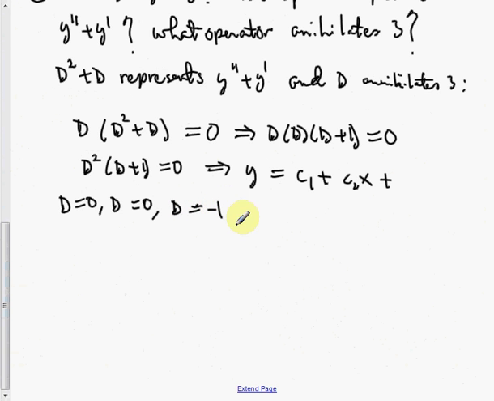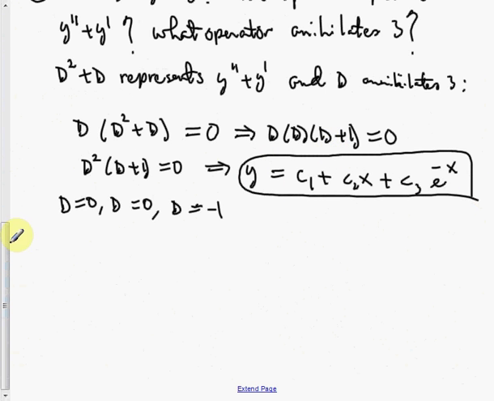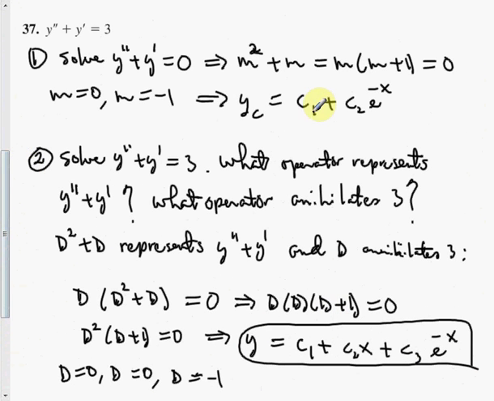So this first D is c sub 1 times e to the 0 times x, which is a c sub 1, plus here, this is the same term, but it's times a repeat, so it's times x, plus I pick up this D equal to negative 1. This is c sub 3 times e to the negative x. But didn't we get part of that up here? See this c sub 1 plus c sub 2 times e to the negative x? Well, that's this guy and this guy, right?